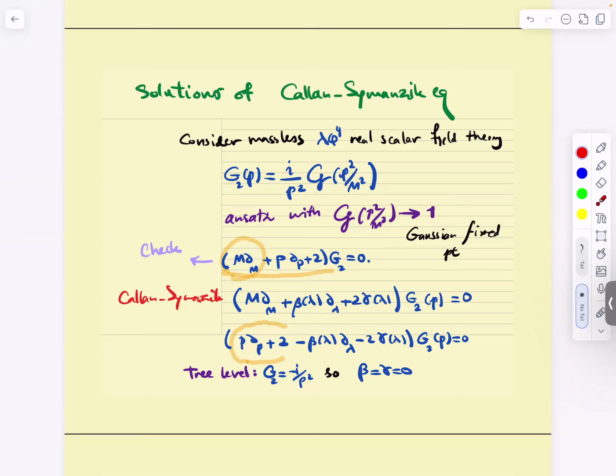So the formal structure is a formal expansion of this form, all composite operators, with a bunch of functions of x minus y. This is called the operator product expansion.